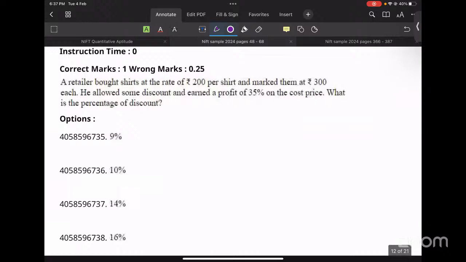A retailer bought shirts at the rate of 200 per shirt and marked them at 300. Okay, so he allowed some discount and earned a profit of 35% on the cost price. So what is the percentage of the discount?